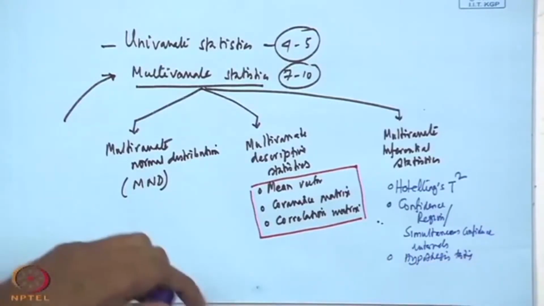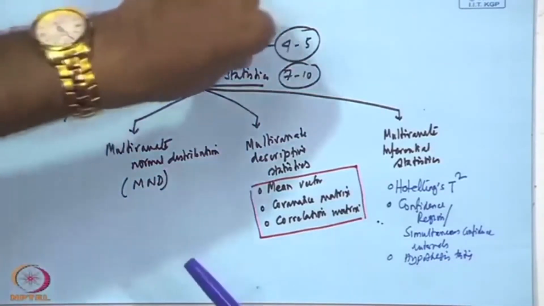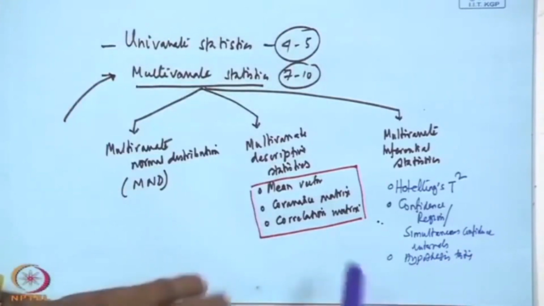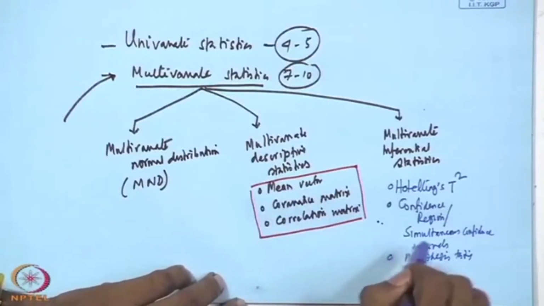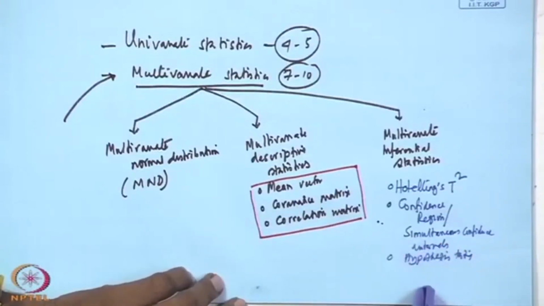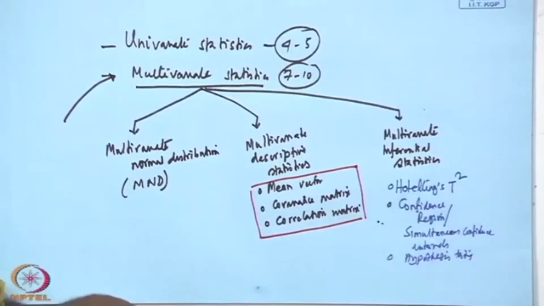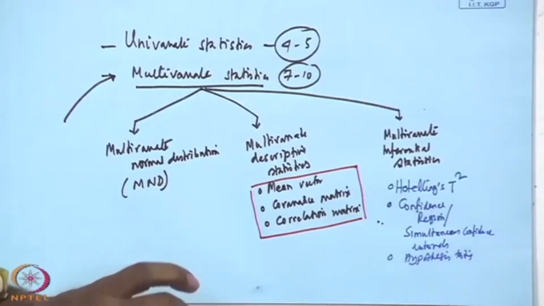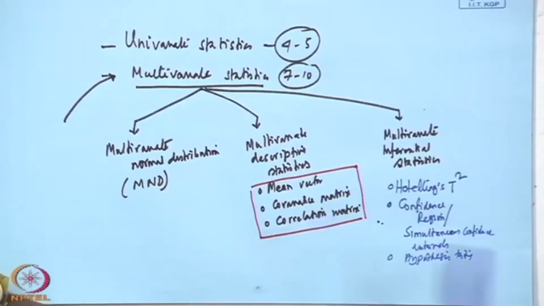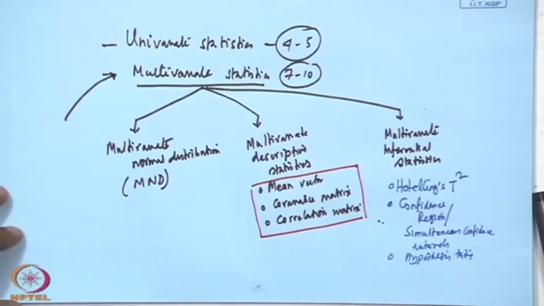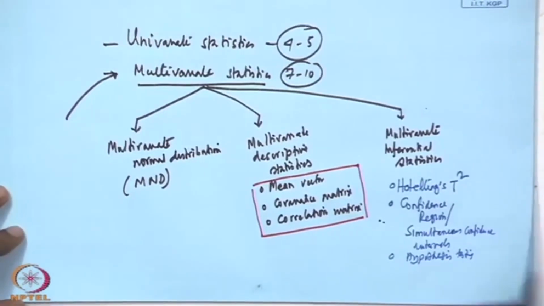So whatever you have learned in univariate inferential statistics, its counterpart in the multivariate domain will be discussed up to hypothesis testing, in the case of one population and two populations.